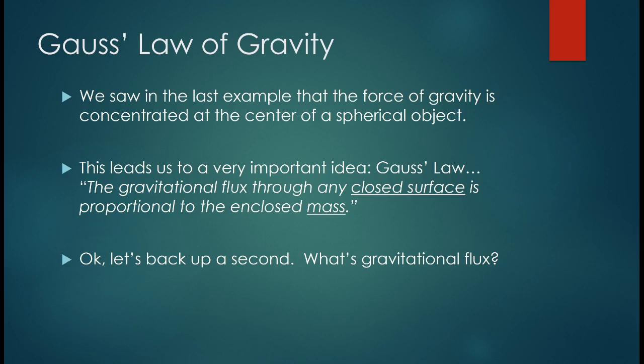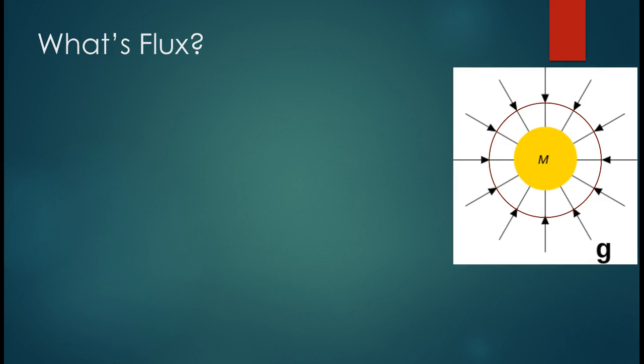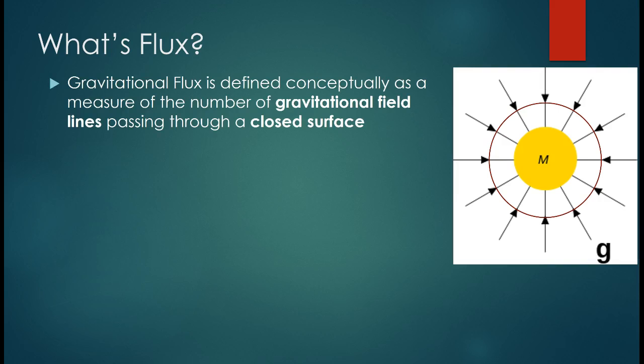Well, flux is a very important idea in physics, and we'll study it with electric and magnetic fields as well. But here is a picture of a mass and a gravitational field. And the gravitational flux is defined conceptually as a measure of the number of gravitational field lines passing through this closed surface, which might be the red circle.